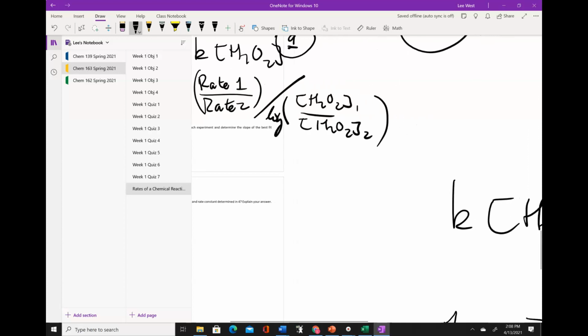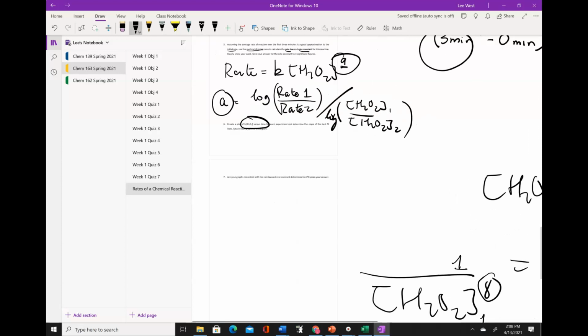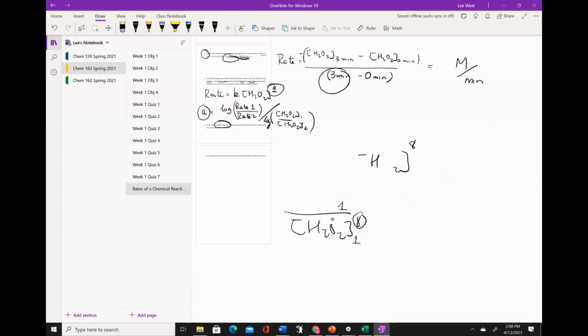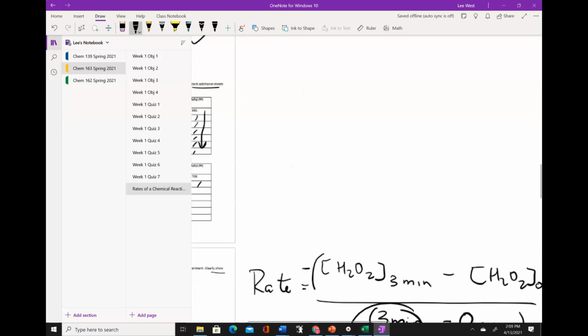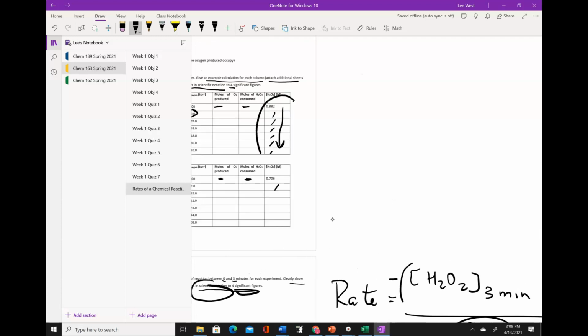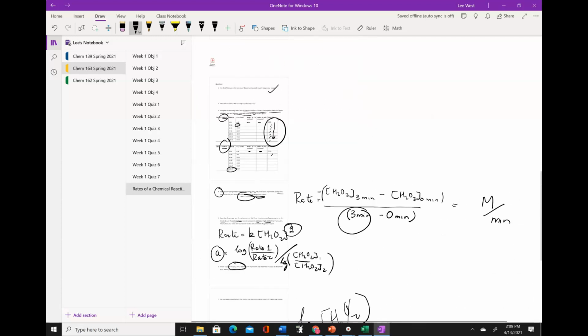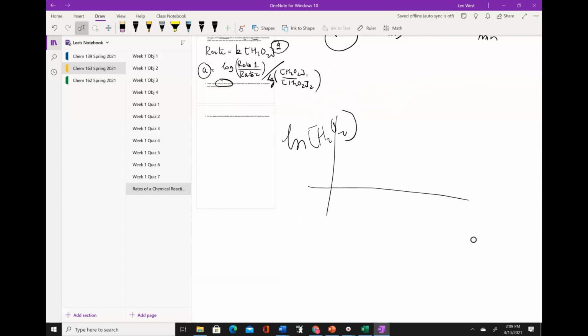Well, what you're really doing is confirming whether it is first order or some other order of the reaction. So you're going to put log of the concentration of H2O2, which you already calculated up here, right? And you're going to do this for each set of data against time.